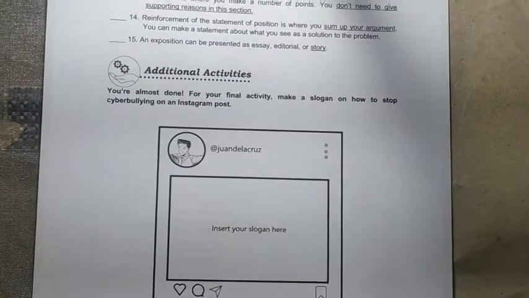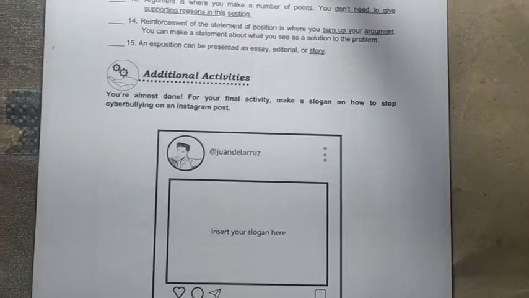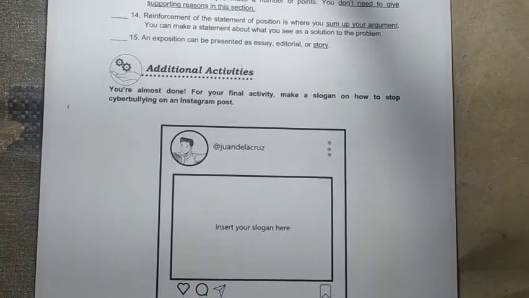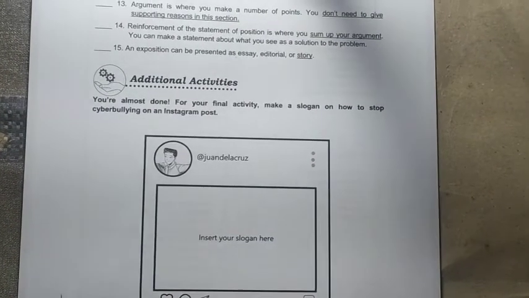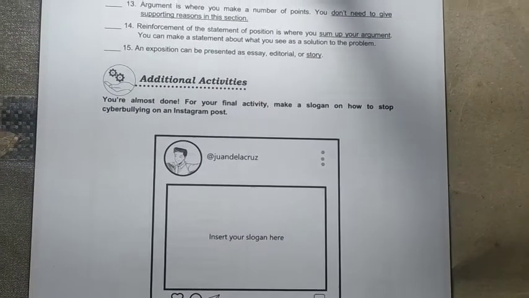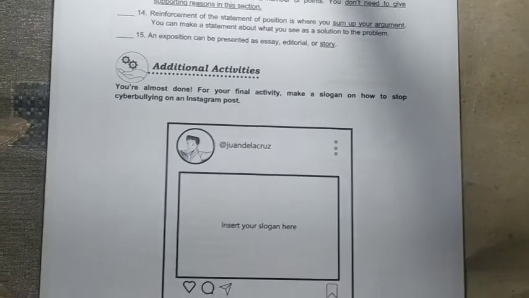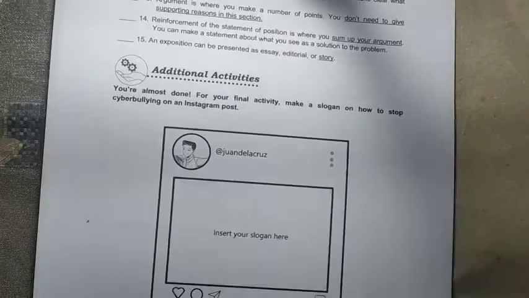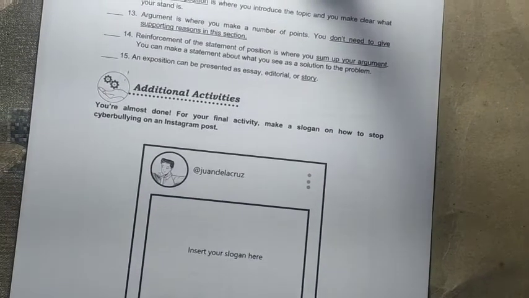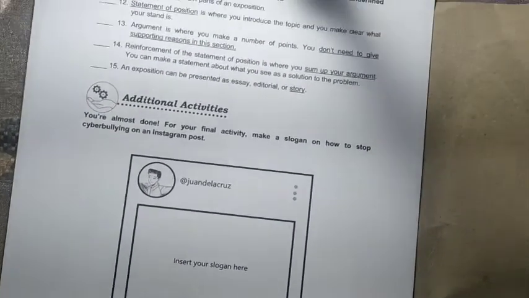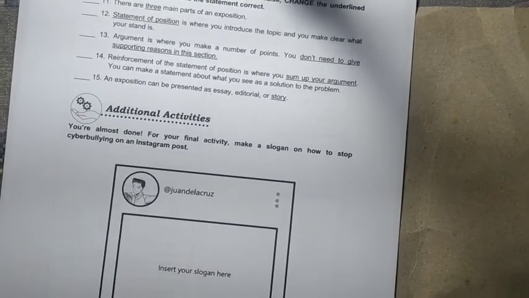It can be short bond paper, and you can put designs, an appealing slogan about cyberbullying, on how to use properly and effectively social media and internet. So do not forget to do this because it will serve as your performance task in quarter number 2.